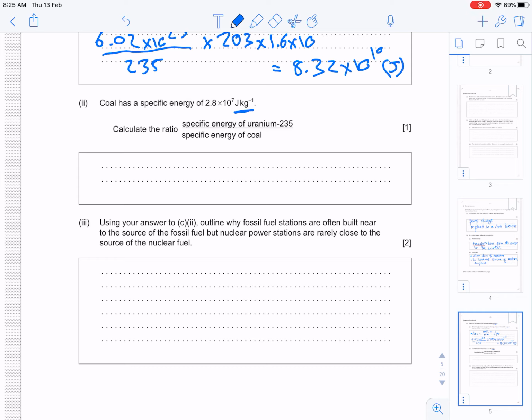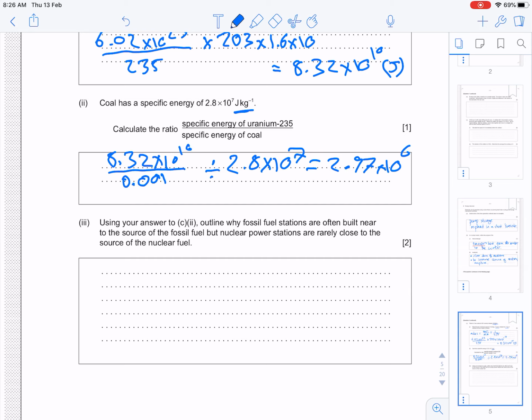So here we have to do that for uranium, and we can calculate that by working out the energy that we got from 1 gram, which is 8.32 times 10 to the 10, and then divide that by 0.001, and we're back into kilograms now. That's why we've written our 1 gram as 0.001. Okay, so we can do that and then divide that by the specific energy of coal, which is 2.8 times 10 to the 7, giving us the ratio, which is 2.97 times 10 to the 6.